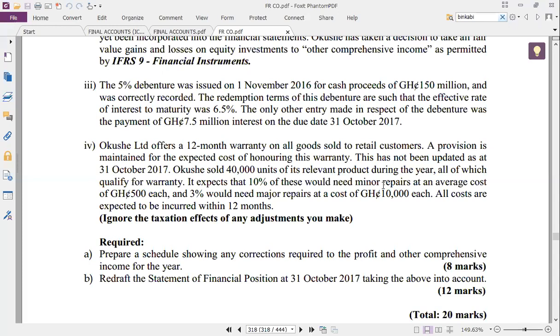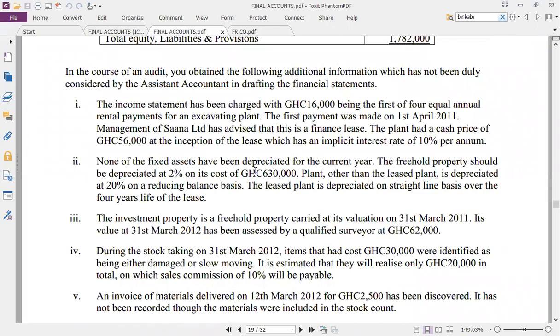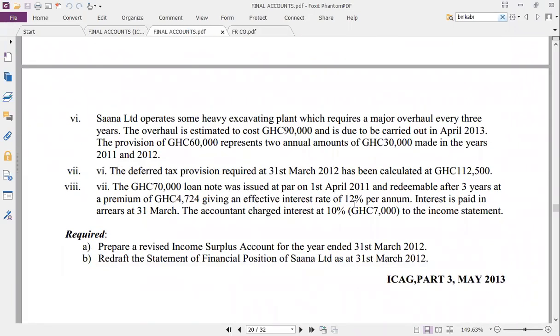So the only other entry is they pay the interest, and once the interest is taken into account, this question is the same as the one that we just went through. It's the same as the last footnote, where I showed us this one.